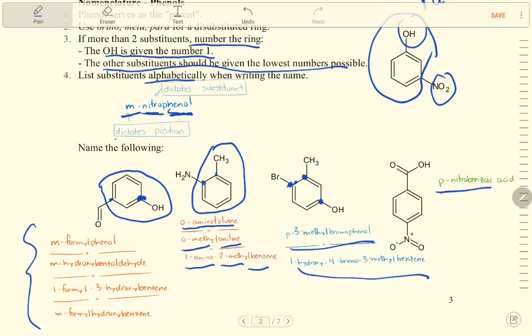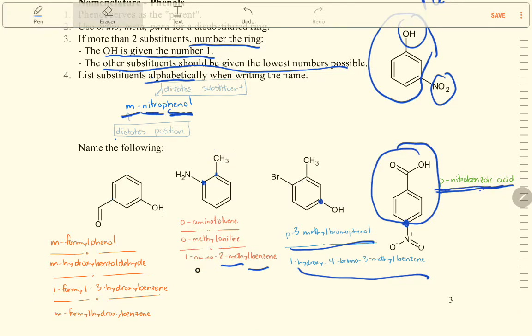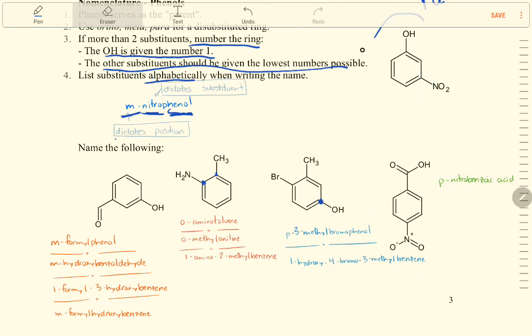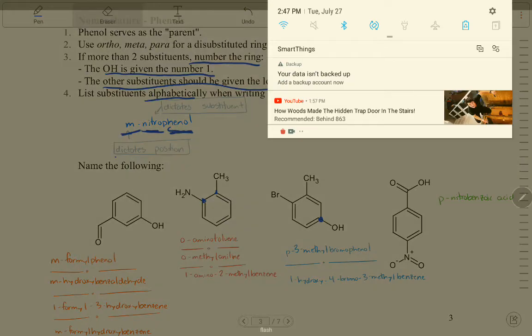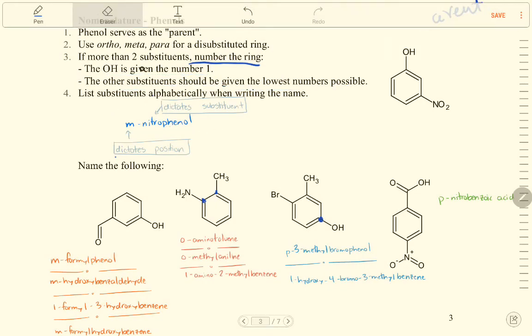This one is para-nitrobenzoic acid. This is a nitro group on this benzoic acid, so that's why it's para-nitrobenzoic acid. So when you practice more, you will be able to find names for di-substituted rings. Alright, let's go to the next one.